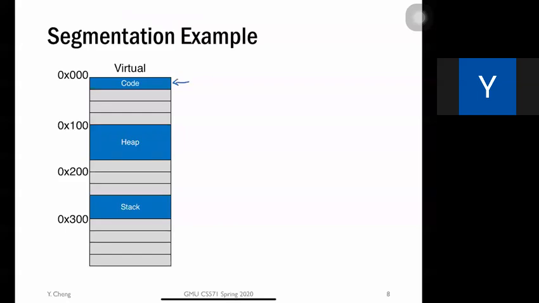And the second memory segment, which is called the heap segment, is located at the starting virtual memory address of 0x100 in hexadecimal format. Okay, so this is the second memory segment. And the very last, the third memory segment, is called the stack memory segment. It's located at the bottom half of the virtual address space. Okay.